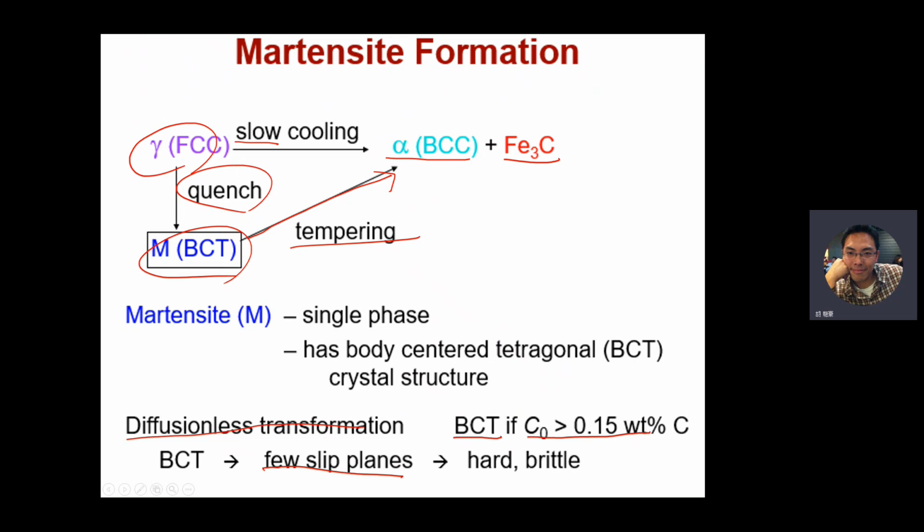Because this transformation is diffusionless, it is time independent, and the grain grows very fast. Therefore, it has fewer slip planes than other structures. Therefore, its mechanical properties are brittle and hard.